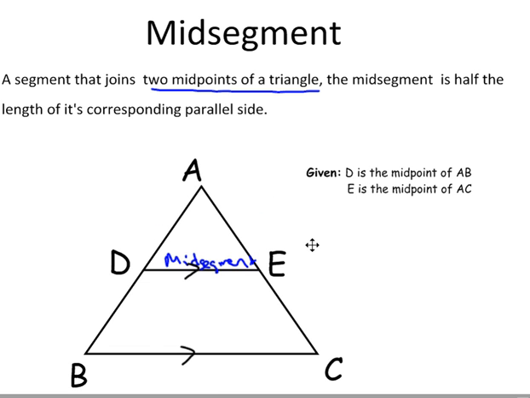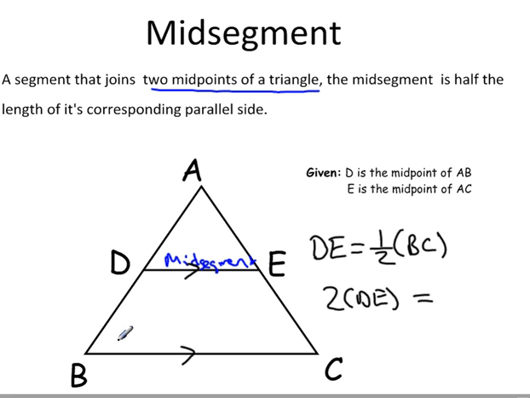So we could say DE is equal to half of BC. Another way to say that is that it takes two DEs to make one BC. So these are just two ways of saying the same thing.